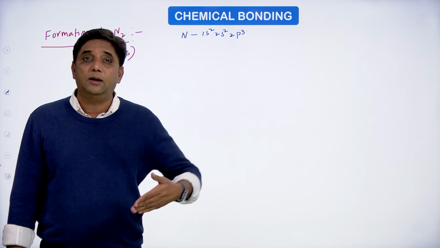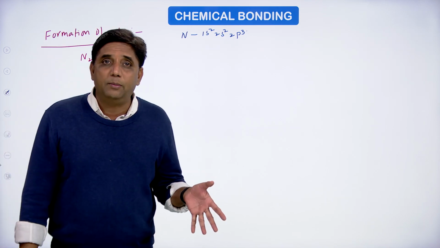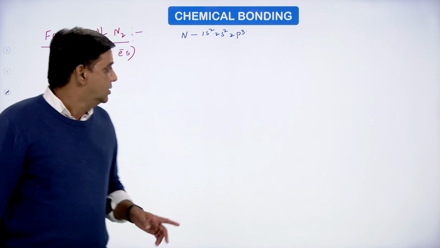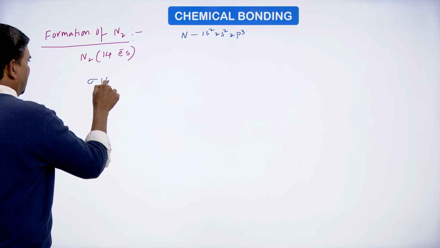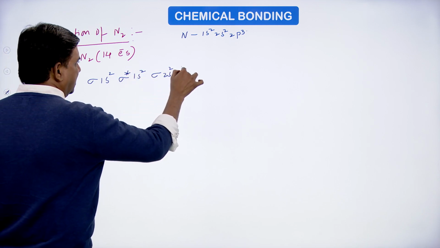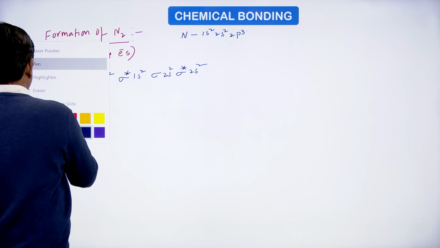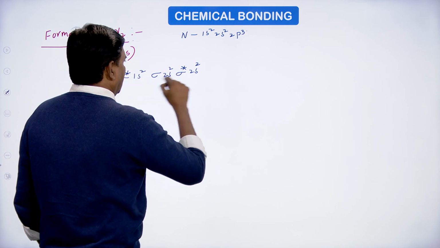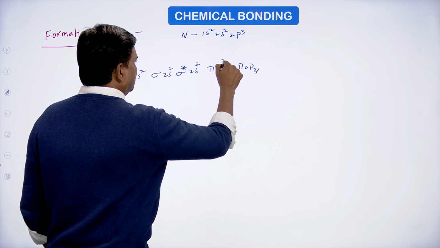That means the 1s orbital of one nitrogen atom combines with the 1s orbital of another nitrogen atom, and similarly the 2s orbital of one nitrogen atom combines with the 2s orbital of another, and the 2p orbitals of one nitrogen atom combine with the 2p orbitals of another nitrogen atom. What is the bond order? 14 electrons means sigma 1s2, sigma star 1s2, sigma 2s2, sigma star 2s2, and pi 2py equal to pi 2pz, with 2 electrons each.